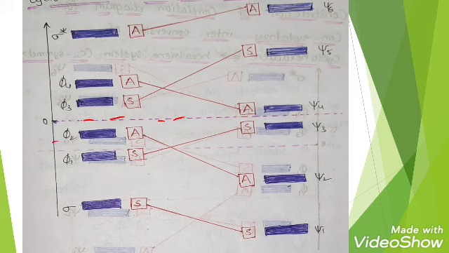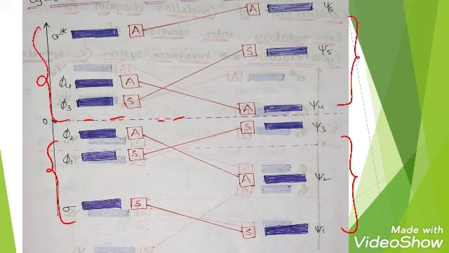So these three orbitals in cyclohexadiene and these three orbitals in hexatriene are said to be ground state orbitals, and the orbitals present above the non-bonding line are said to be excited state orbitals, which are also called anti-bonding orbitals.